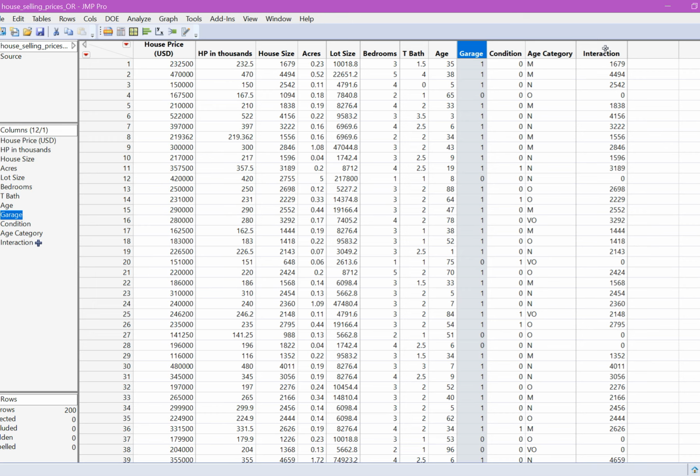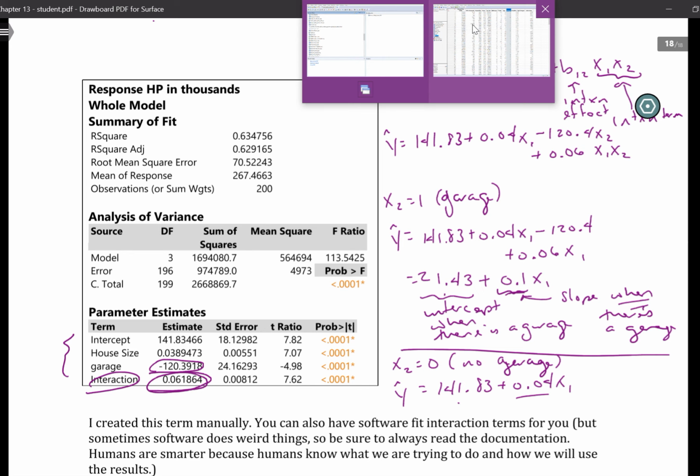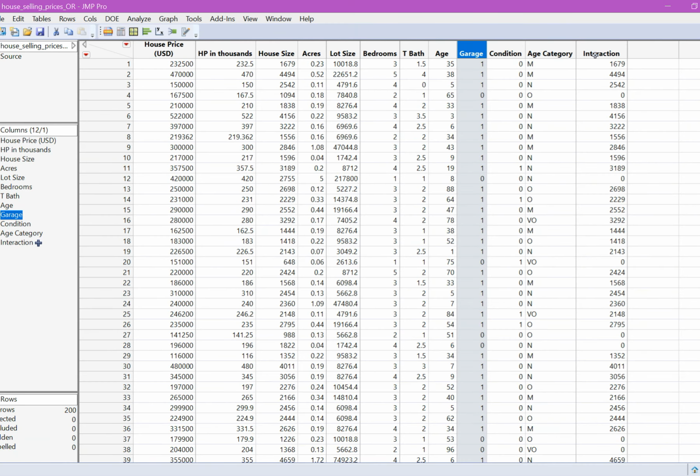All right, so I created this interaction term, and if we remember what we had done in the notes, this interaction term is literally just x1 times x2. So I've got this x1 times x2 term in my model and in my prediction equation. In my data set, this interaction term is also literally just house size times garage. So we can see here I have a house size of 1,679 square feet. It has a garage, so my interaction term is 1,679 times 1.